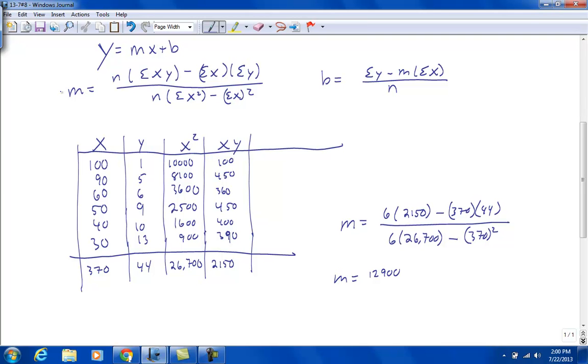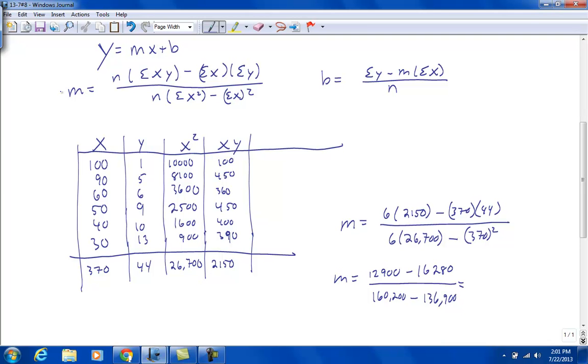So m is going to be 12,900 minus 16,280 over 160,200 minus 136,900. Okay.